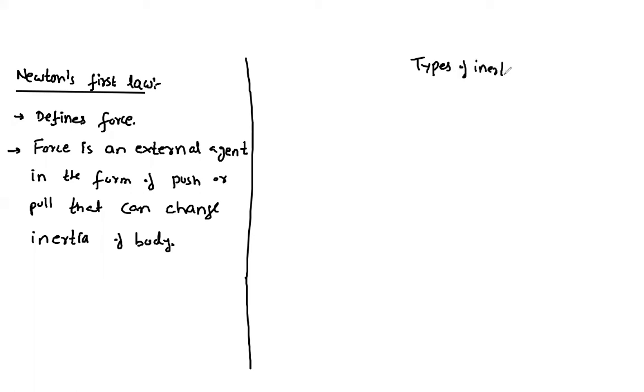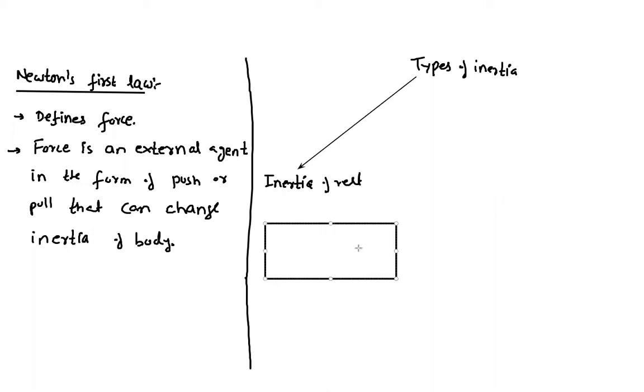So if we consider types of inertia, the first inertia is inertia of rest. See the first example for inertia of rest. In this example, you will see that a body tries to maintain its state of rest.